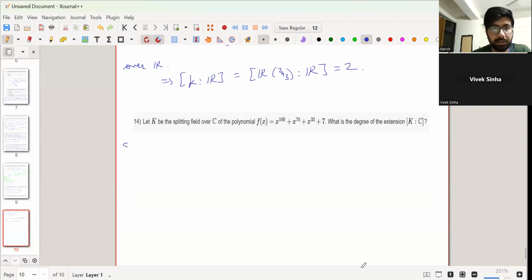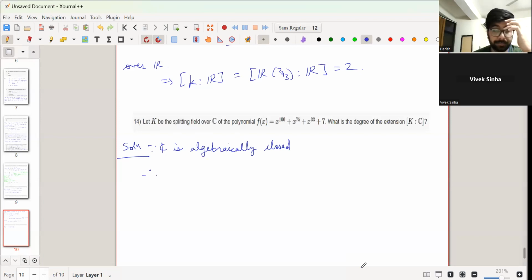So question number 14. So C is algebraically closed.